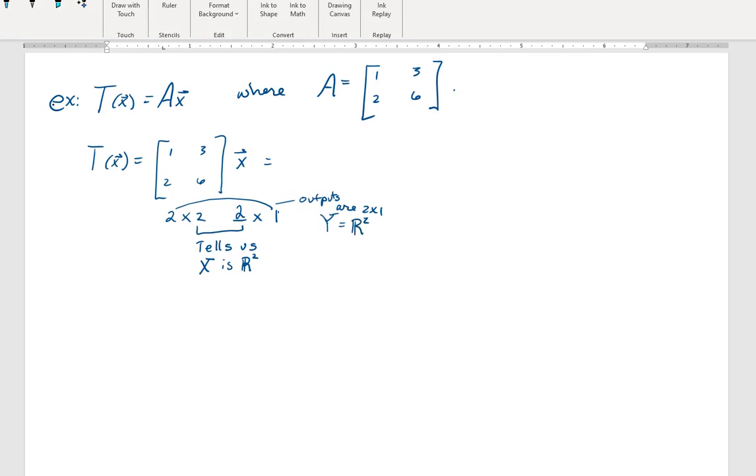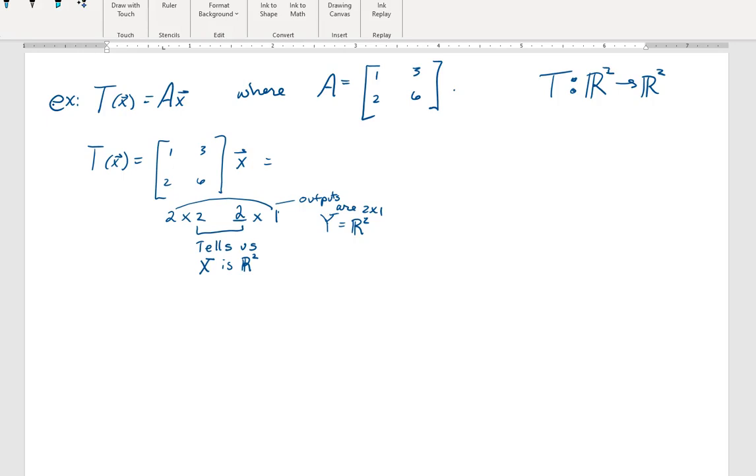So T extends from R2 to R2. You take in a two-dimensional vector, you get out a two-dimensional vector. It is important to know because you need to know what you're putting in and what you're getting out.